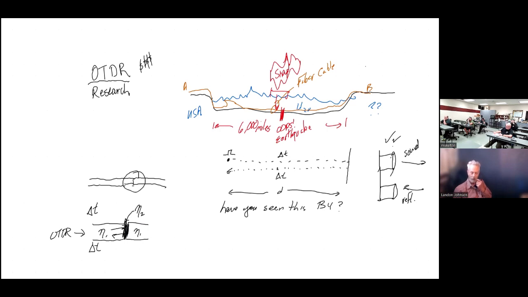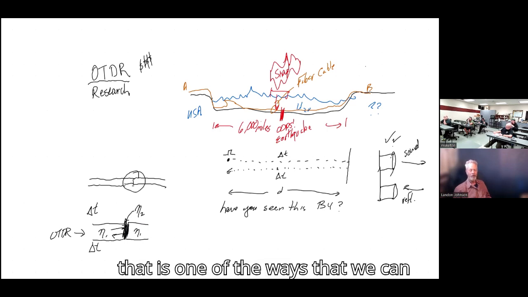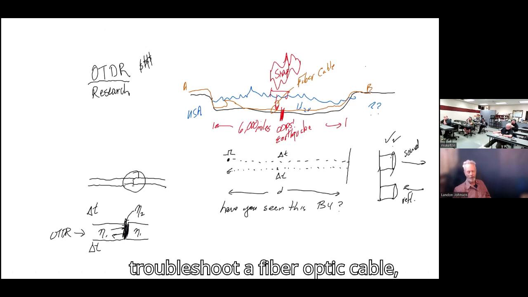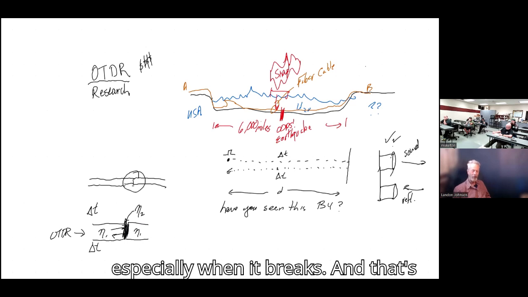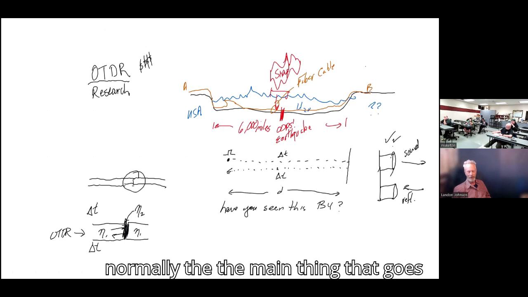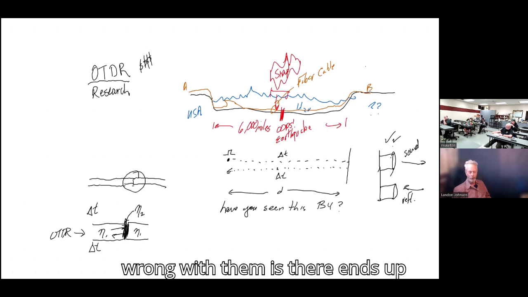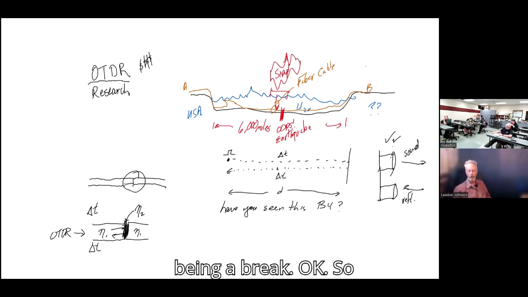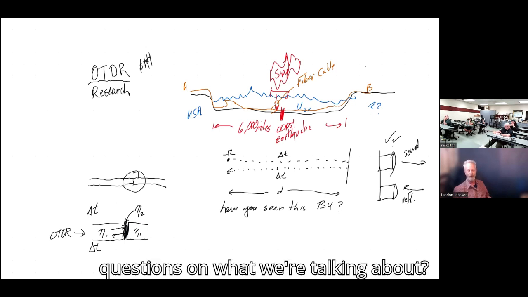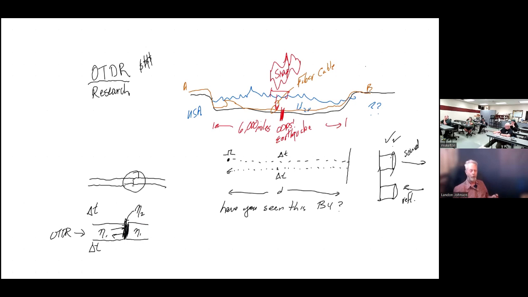But that is one of the ways that we can troubleshoot a fiber optic cable, especially when it breaks. And that's normally the main thing that goes wrong with them, is there ends up being a break. Okay, so OTDR troubleshooting. Any questions on what we're talking about?